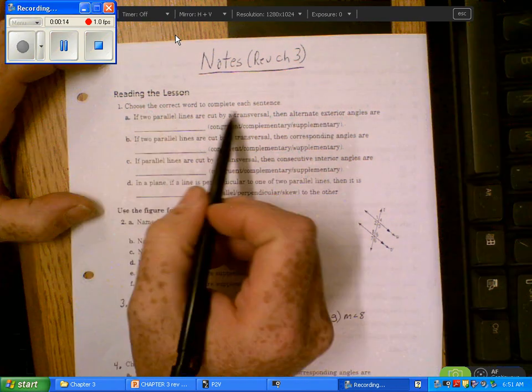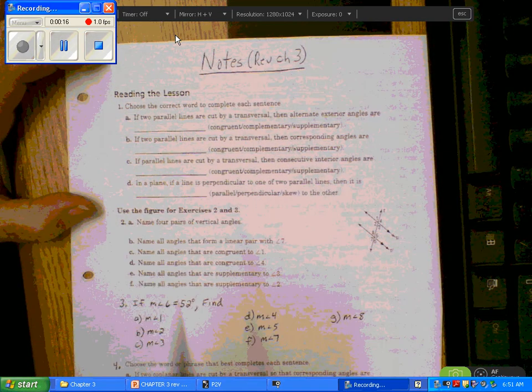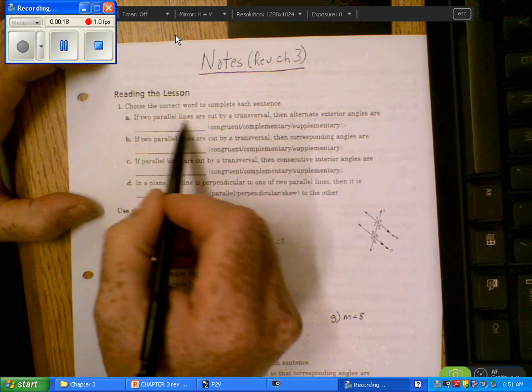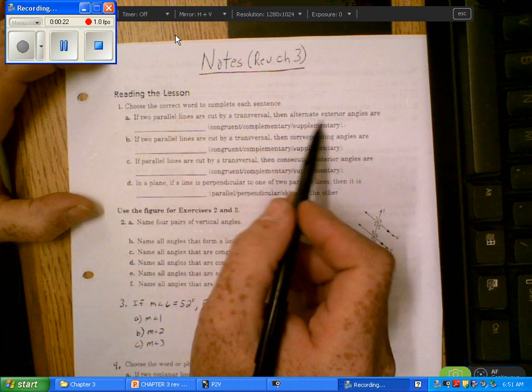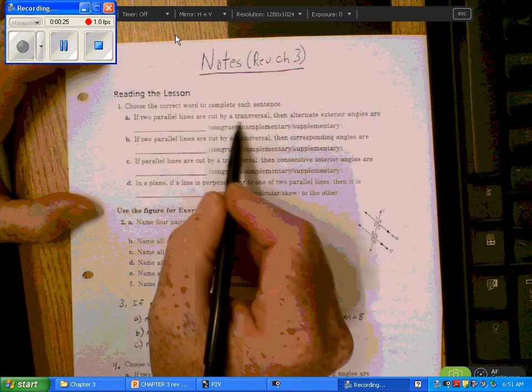Choose the correct word to complete each sentence. If two parallel lines are cut by a transversal, then alternate exterior angles are congruent.